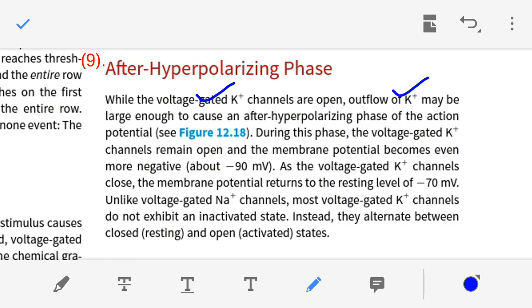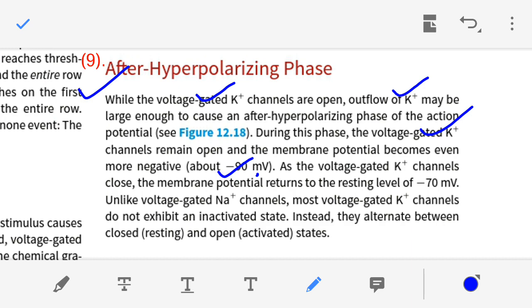The movement of K plus is very fast, and these channels are still open, so even though minus 70 mV was achieved, more K plus goes outside and the membrane potential becomes more negative, reaching minus 90 mV. This minus 90 mV value is known as the after hyperpolarization phase.